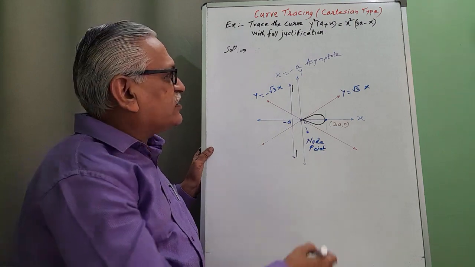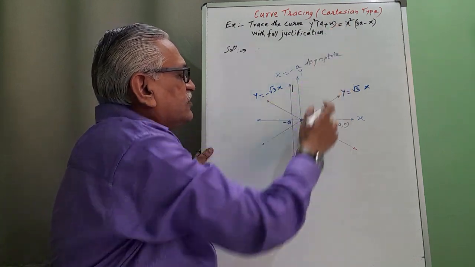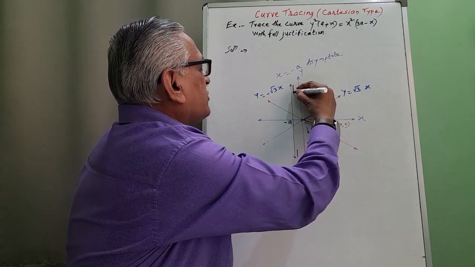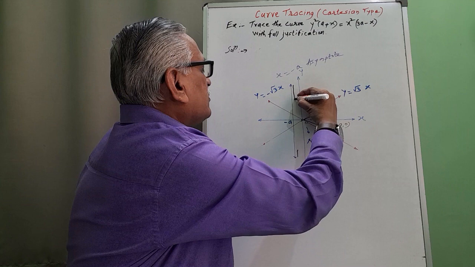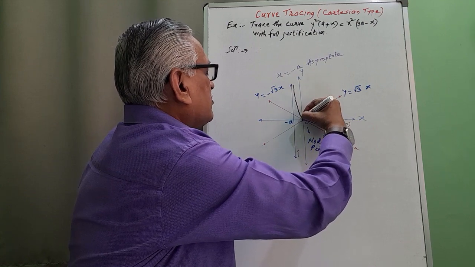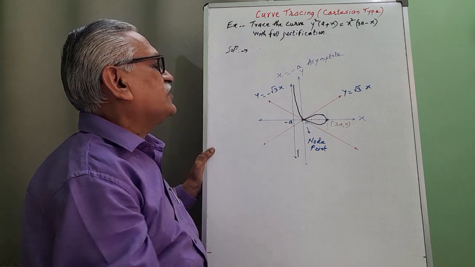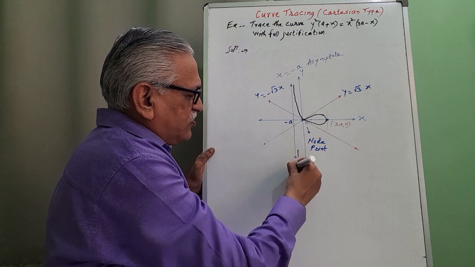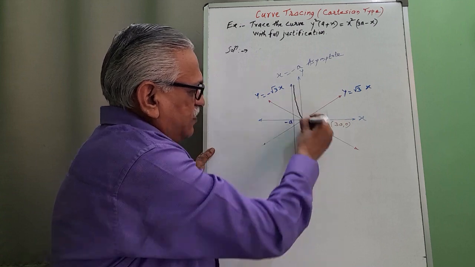It is not a linear curve, it is a non-linear curve, and therefore we have to draw smoothly, we have to join it smoothly to this, and then have a symmetrical part about x-axis to this part.